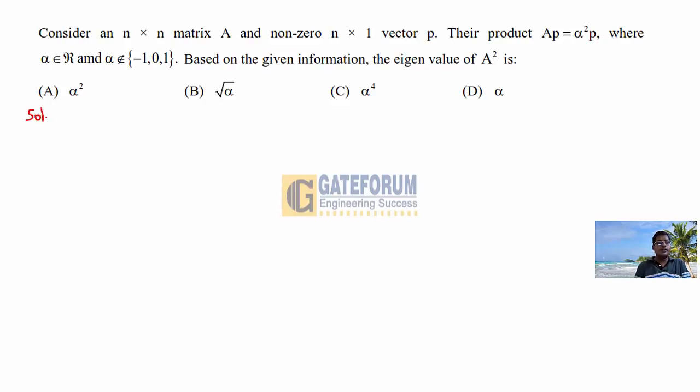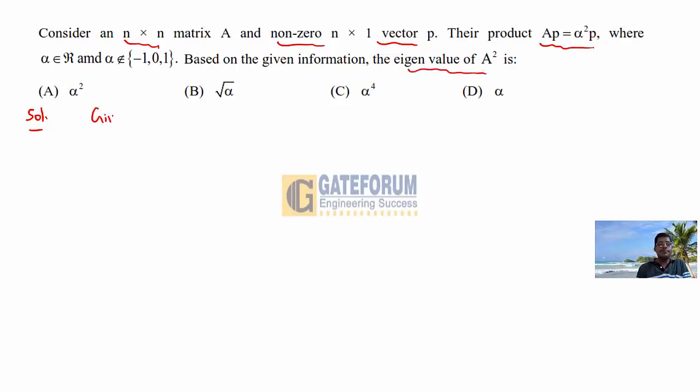Solution. A square matrix is given, and a non-zero vector P, an n cross 1 column vector with n rows and 1 column. So P is an eigenvector; this is the relationship between the matrix and eigenvalue alpha square with corresponding eigenvector P. Then they are asking for the eigenvalue of A square.